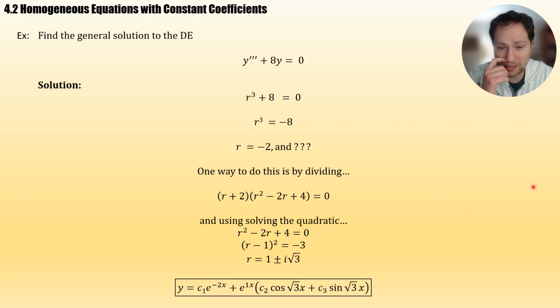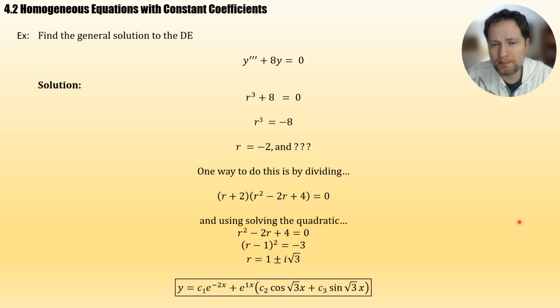Okay, so now we've got -2 as one of our roots. That gives us this term. And now we've got these two non-real roots, a conjugate pair, that give us this piece here. Again, following the same process that we did in chapter 3.